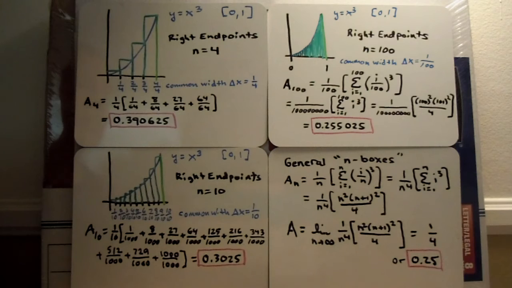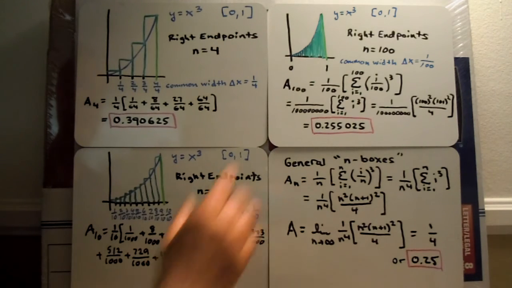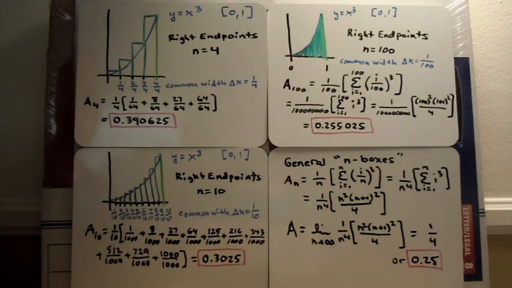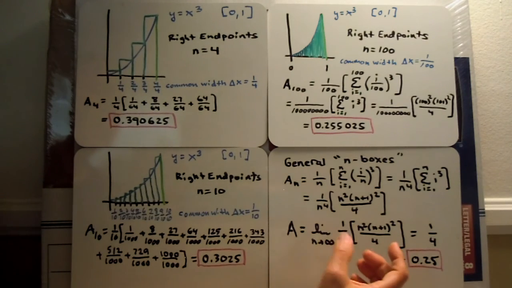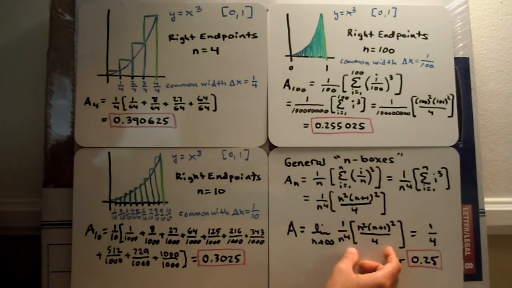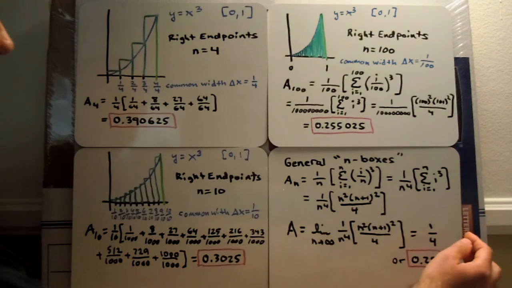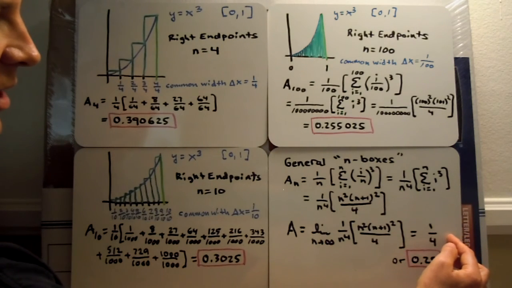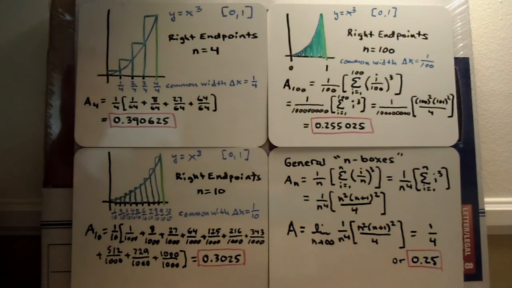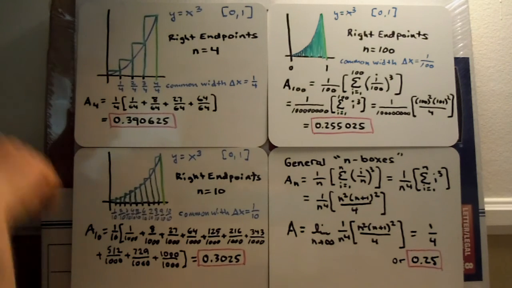So how would we get the exact area? Well, let the number of boxes increase without bound. And therefore, the estimate would get closer and closer and infinitely closer to the actual area. Evaluating a limit, we take the limit of this expression right here, and we would determine that as n becomes infinite, the true area is 1/4, or 0.25.